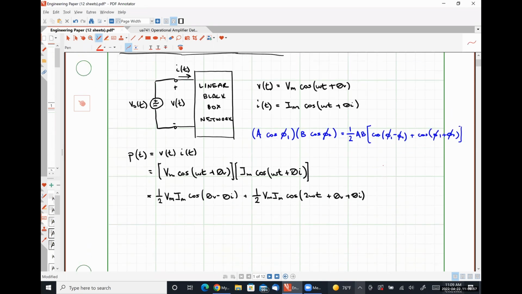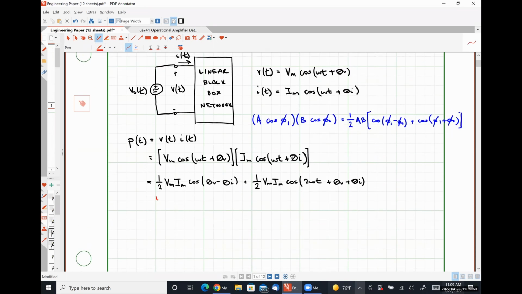So we have a DC part right here. And then the right-hand term, since it does depend on time because of that omega t dependency there, is an AC portion or an AC signal that's superimposed on top of that DC offset.